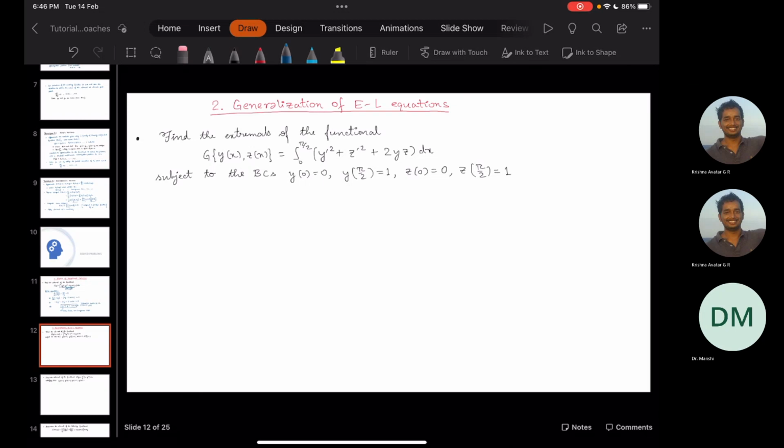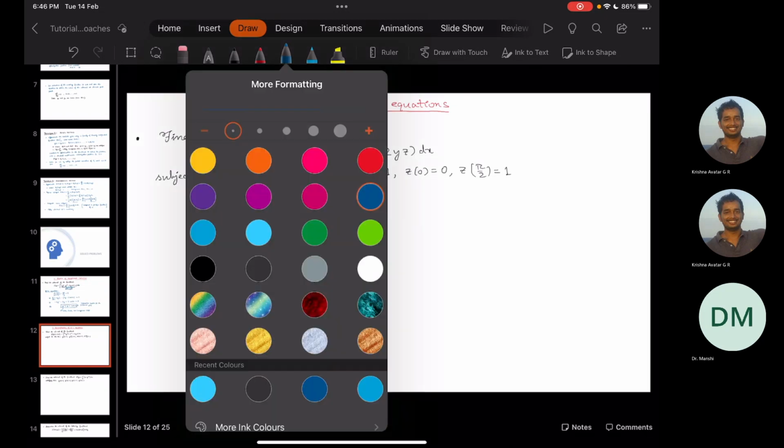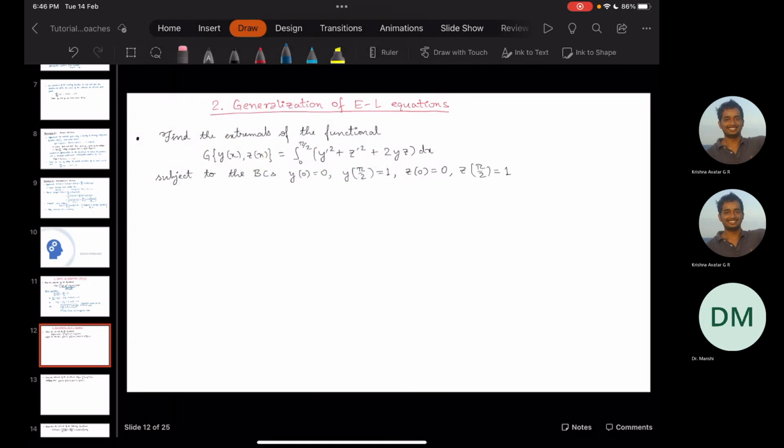So we'll have a set of Euler-Lagrange equations. Since the number of dependent variables is 2, we will have two Euler-Lagrange equations.